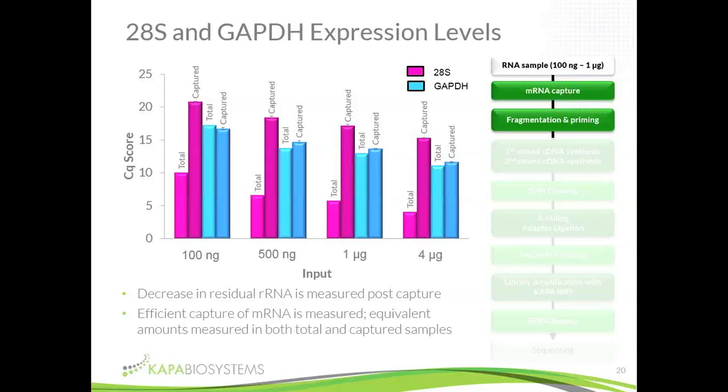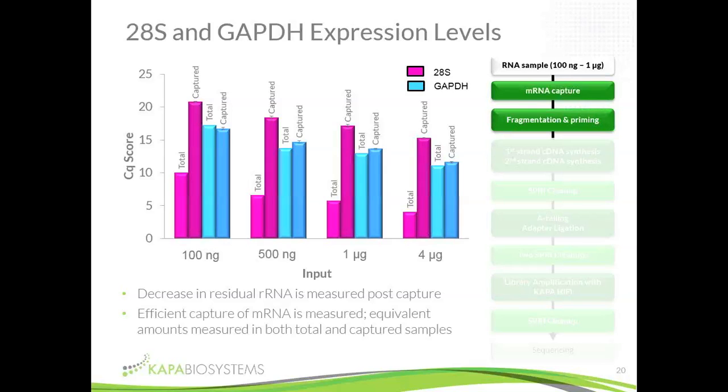As you can see, there is an increase in the Cq score with the captured RNA as compared to the total RNA sample, specifically for 28S, which is shown in pink. This indicates that there is a substantial decrease in residual rRNA that is measured post-capture. Typically, we see a change of about 8 to 12 cycles when examining the Cq scores of 28S.